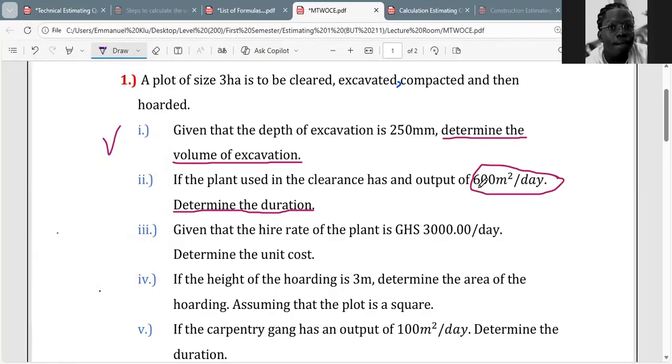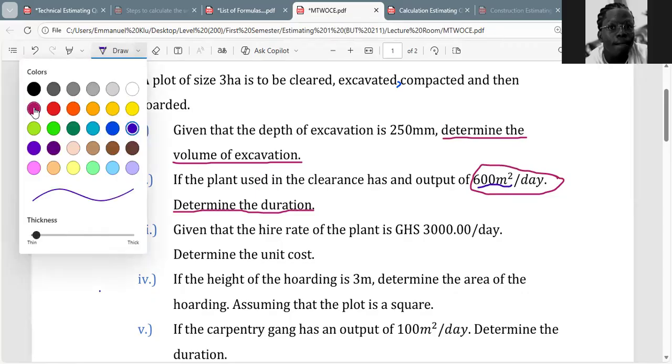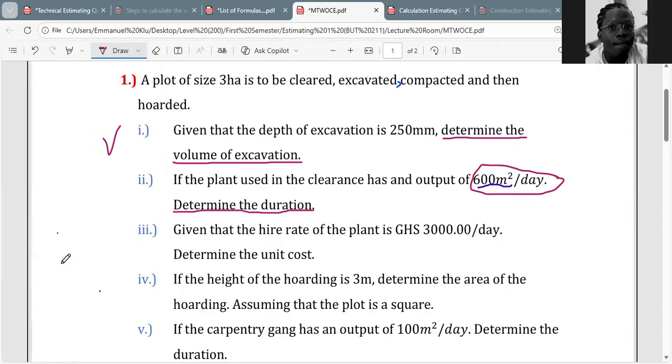The output is going to help you. Since this one is meter squared, it implies that we have to use the area but not the volume. We have to use the area as our total quantity.